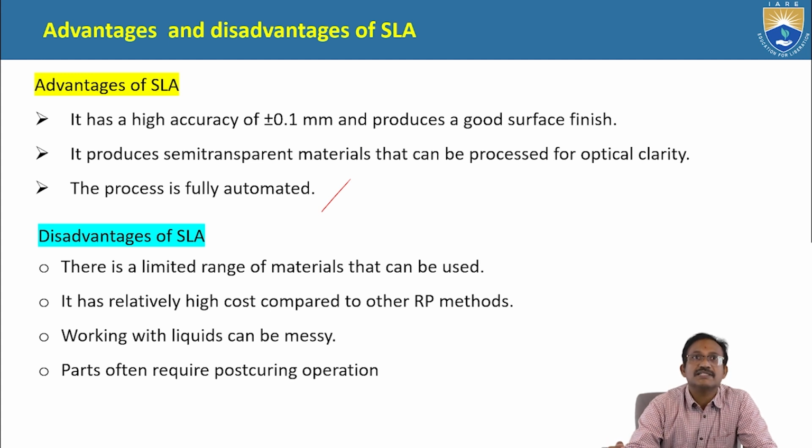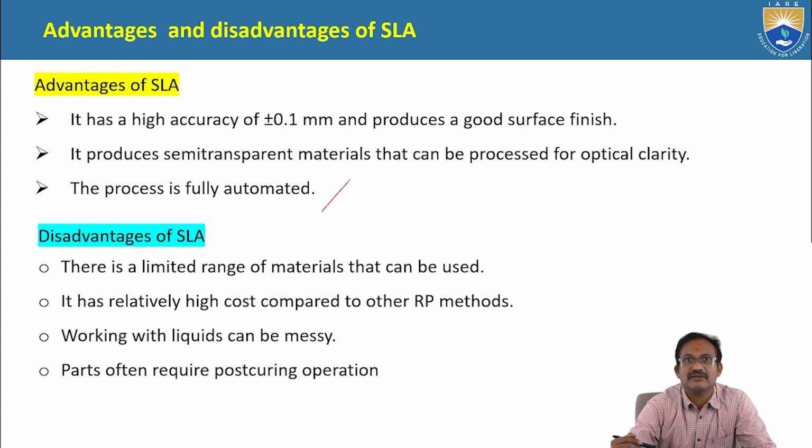Coming to disadvantages, there is a limited range of materials that can be used. It has relatively high cost compared to the other RP methods. Working with liquids can be messy. Every time it has to polymerize, but every time we will have the same liquid layer on the top, so some mess maybe.